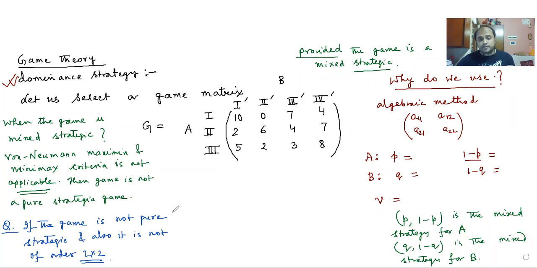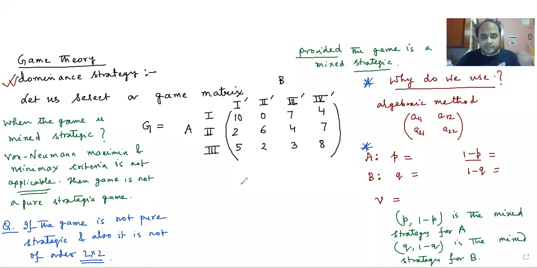If there are rules by which a matrix can be made of order 2 by 2, then we can apply this particular formula. So, to reduce the size of the matrix to a 2 by 2 form, we apply dominance strategy, and in some books it is known as the dominance principle.